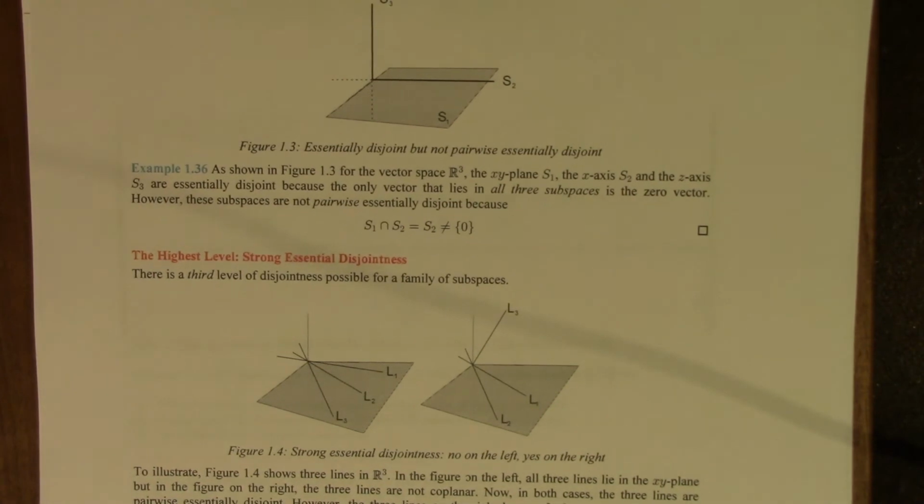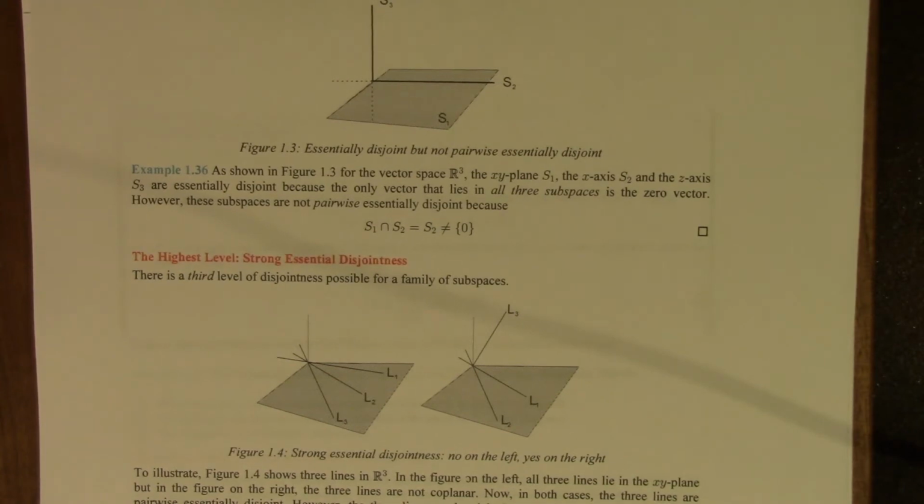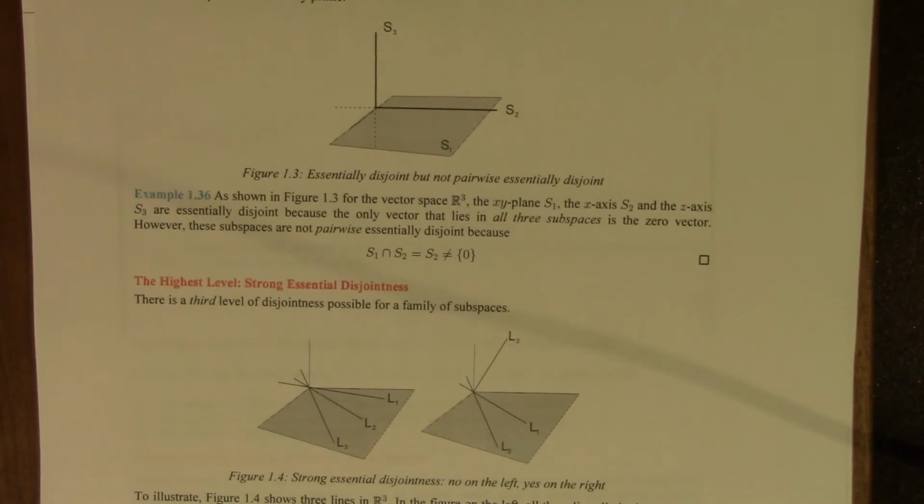These are essentially disjoint because when you intersect all 3, you get the origin. But they're not pairwise essentially disjoint because S2 and S1, their intersection is not trivial. It's just S2.